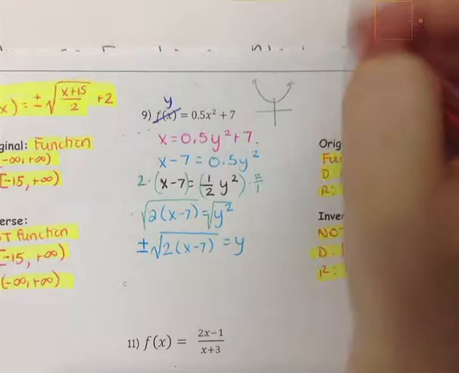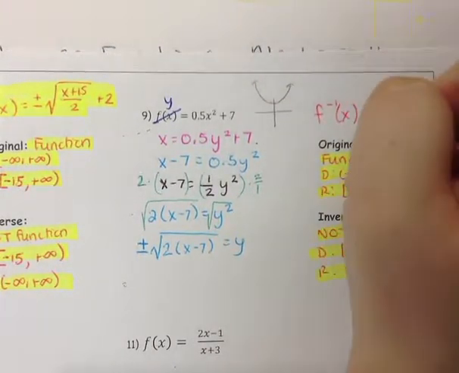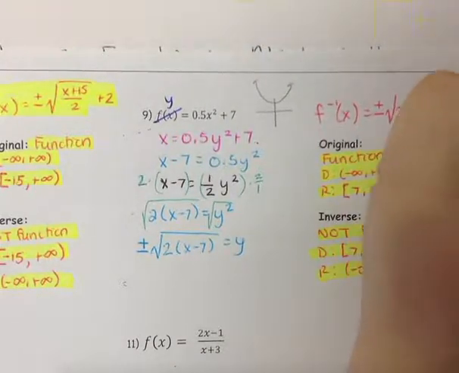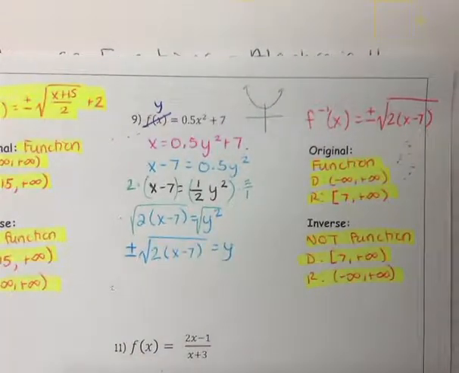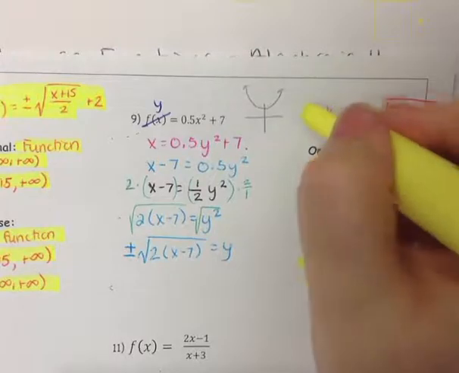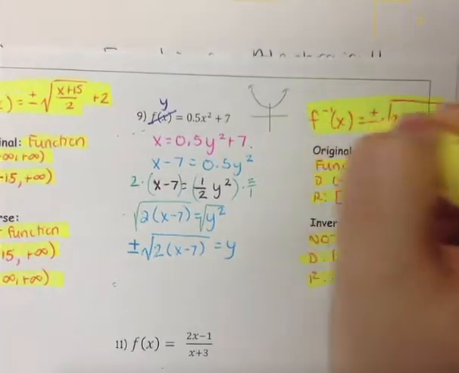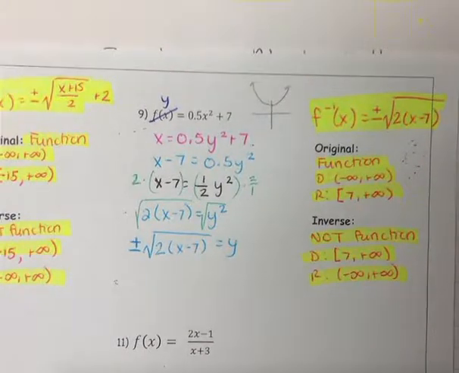So our answer we would write as f inverse of x is equal to plus or minus the square root of 2(x - 7). Now again, you could have distributed that 2 so you don't have parentheses, but once you distribute that 2 and the parentheses go away, you no longer can see automatically what your h value will be.